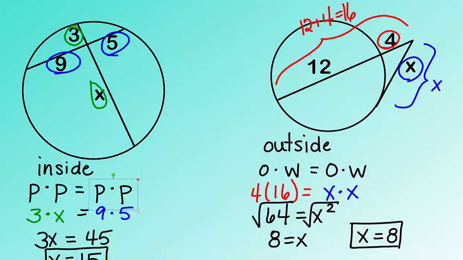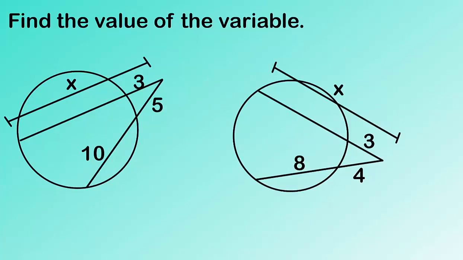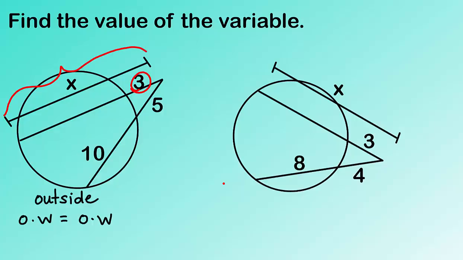Let's look at some more. Here I identify that my intersection is outside of the circle. So again, I'm going to use ow, ow. I have an outside of 3 and a whole that's given to me, which is x.